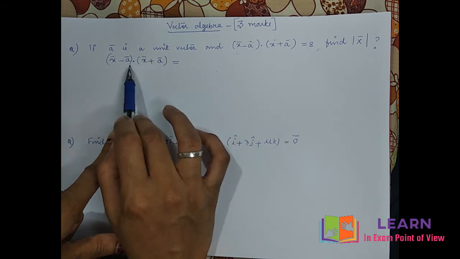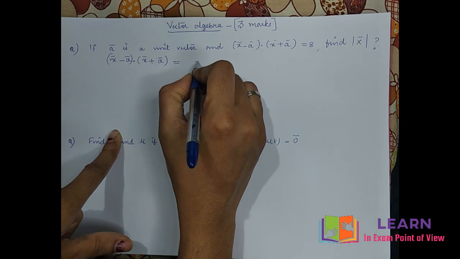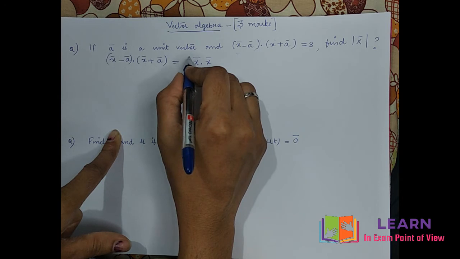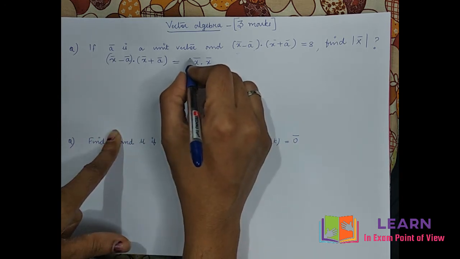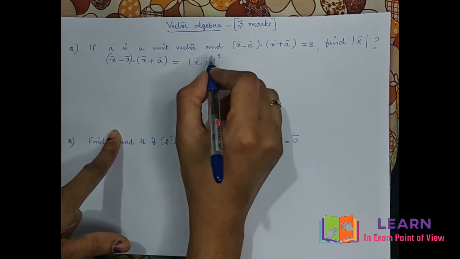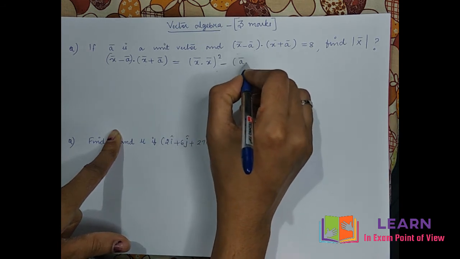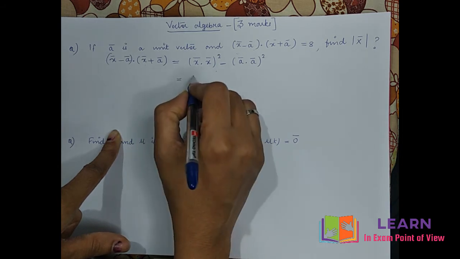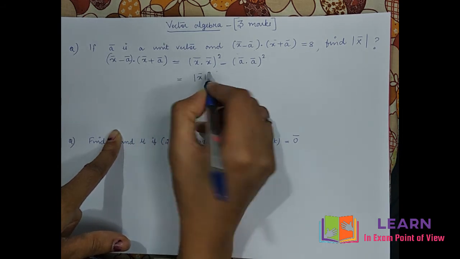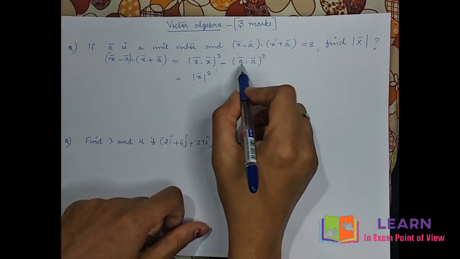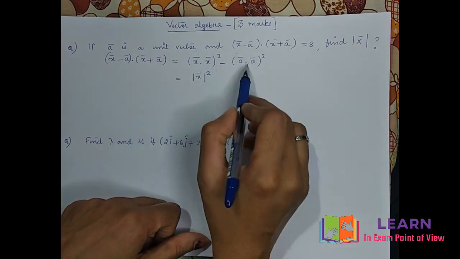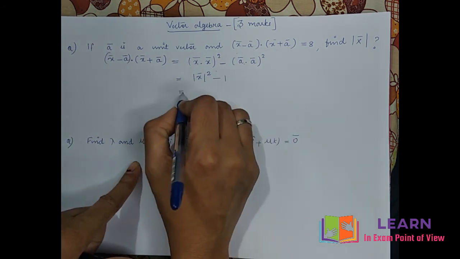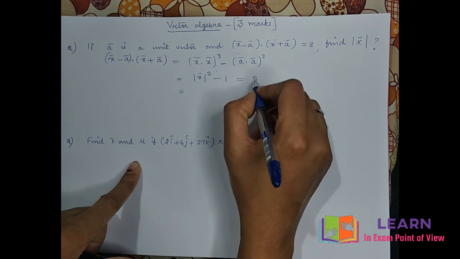So here x dot x, that is mod x square, minus a dot a. A dot a, since it is a unit vector, is 1 into 1, that is 1. And its value is given as equal to 8.